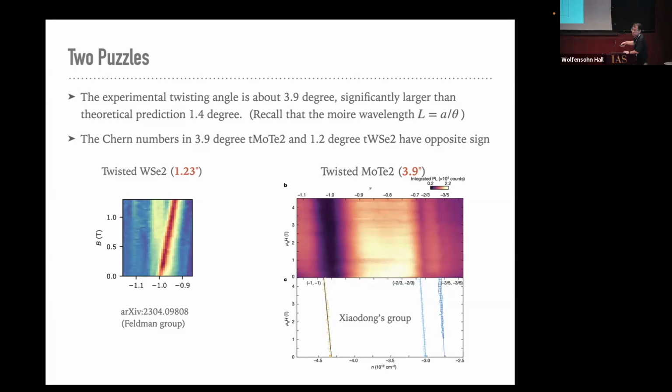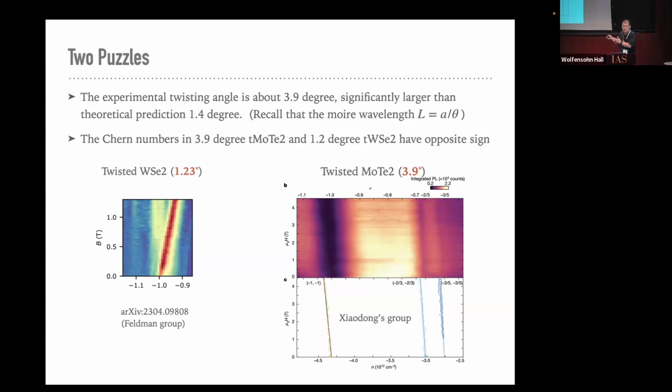The opposite slope means the opposite sign of the Chern number. This is also very puzzling because if you think about the electronic structure of WSe2 and MoTe2, they are essentially the same. Okay, there are some details in band dispersion, but the large features, which valley corresponds to which spin, they are all the same.